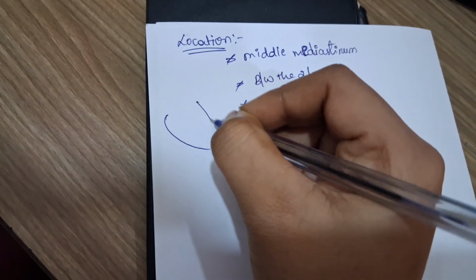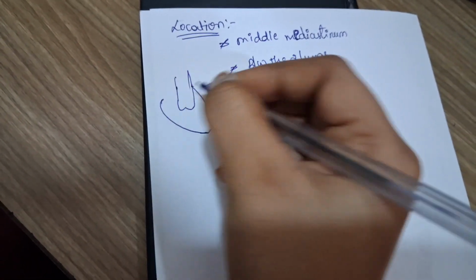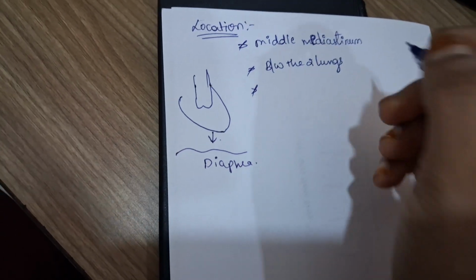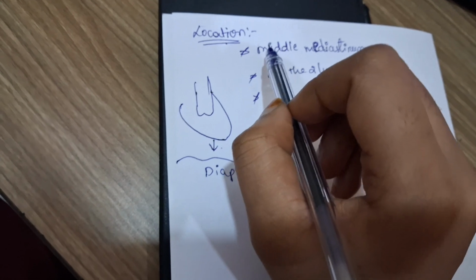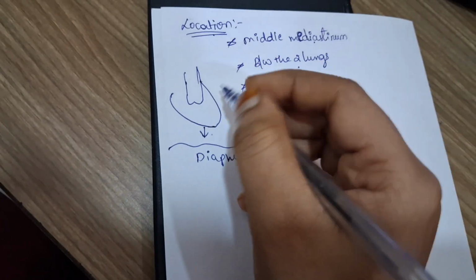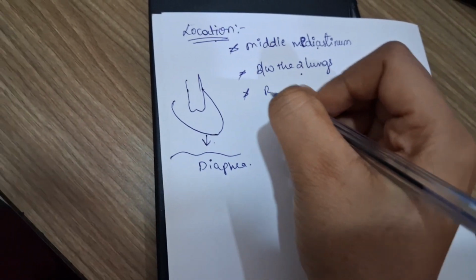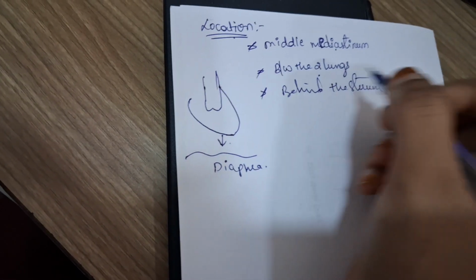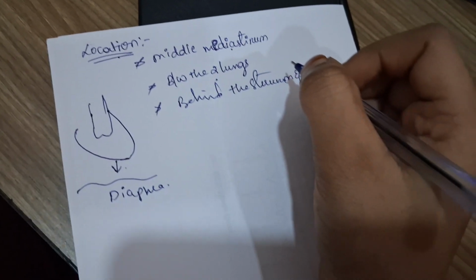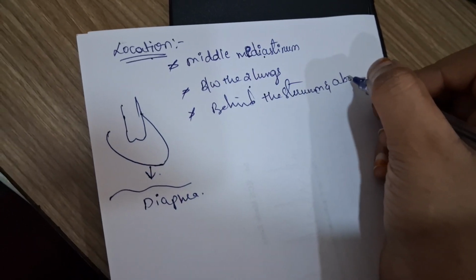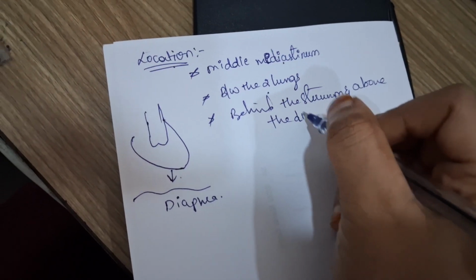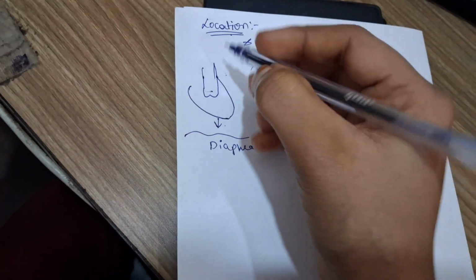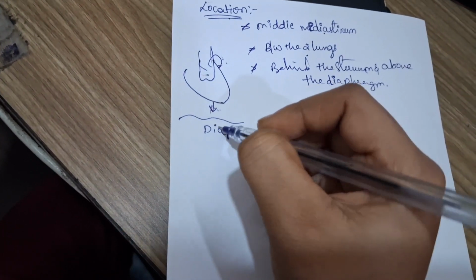So if this is the heart, above it the sternum is present, and inferiorly the diaphragm is present. So the location of the heart is in the middle mediastinum between the two lungs, behind the sternum and above the diaphragm.